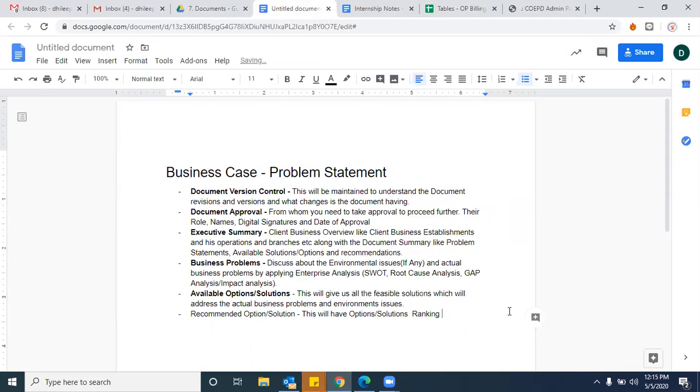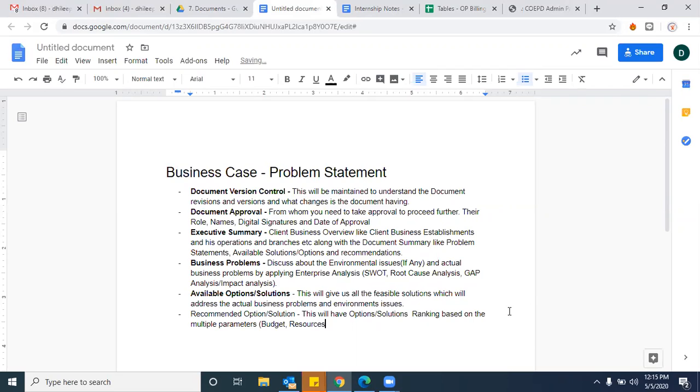On what basis do we provide this ranking? Ranking based on multiple parameters, right? What are those parameters? Price, feasibility, budget. Budget is nothing but cost.